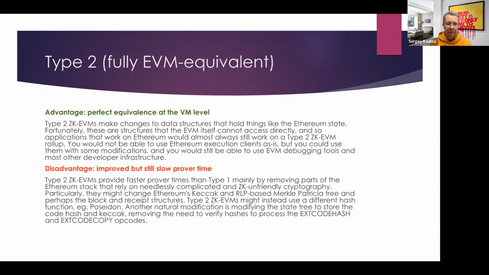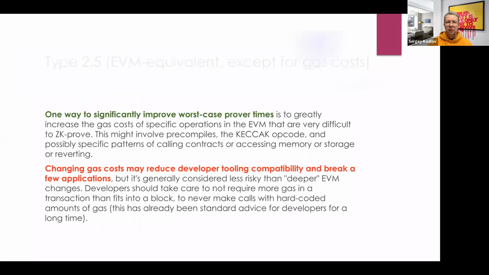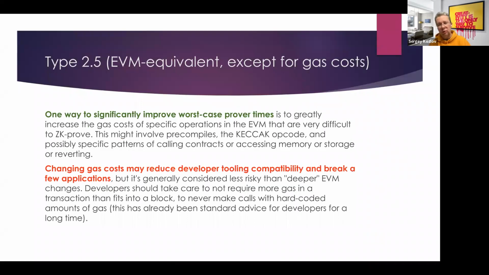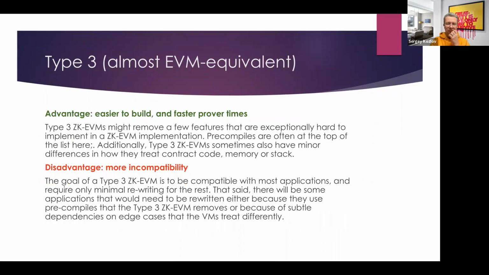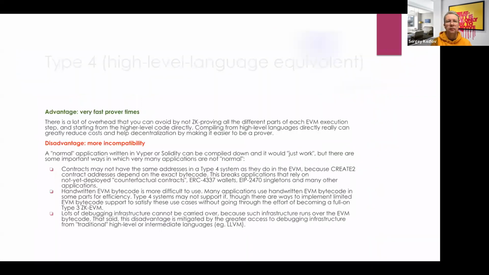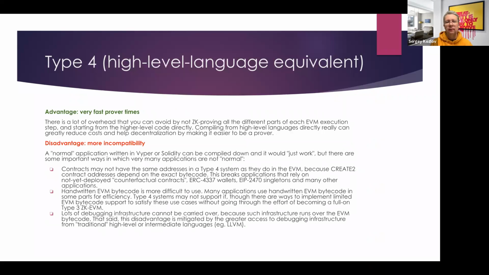The second type is less compatible. There are certain differences. The third one, which is 2.5, has some differences already. It has different gas costs, so it's less compatible. If we move to the last one, the fifth, the advantage of this approach is that it's very fast for the prover to generate the proof, but it's more incompatible.